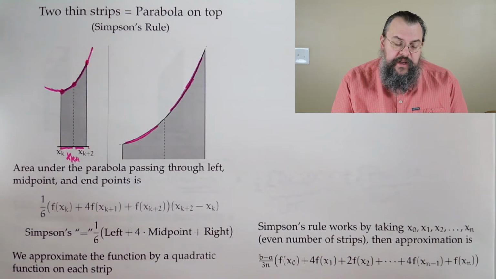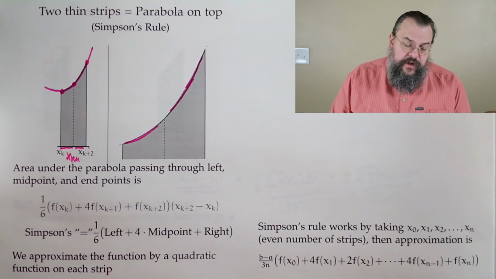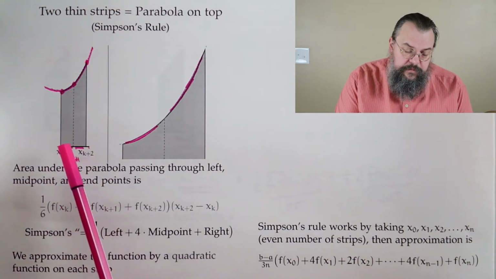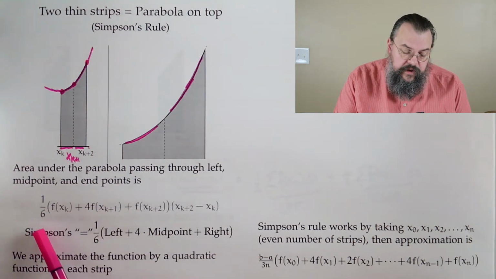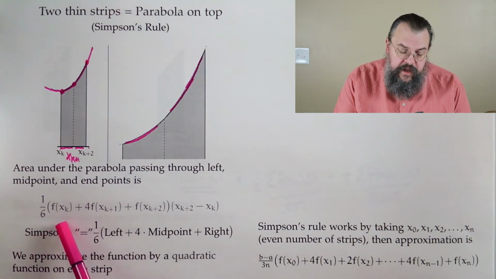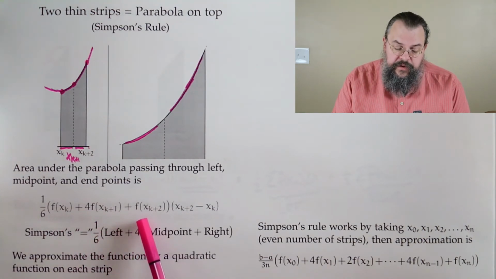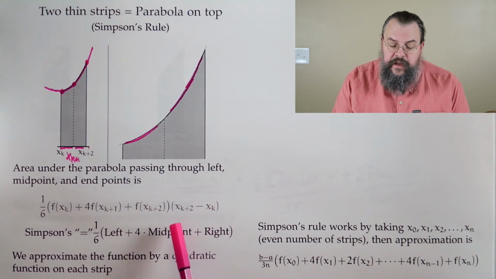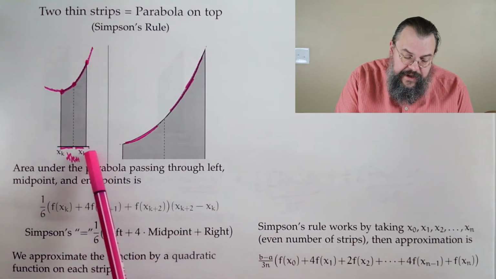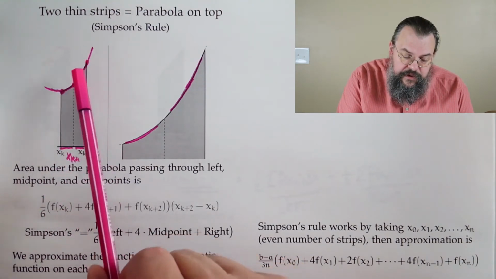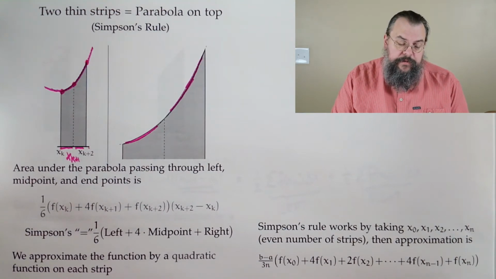So, when we think about the area under the parabola, if we pass through our left, middle, and right, it turns out it's 1/6 times f of xk plus 4 f of xk plus 1 plus f of xk plus 2, times xk plus 2 minus xk. So that's the area of the parabola that passes through those 3 points down to the axis. All right, so that's what we have.